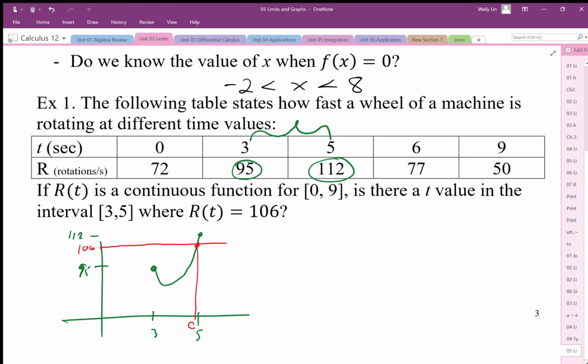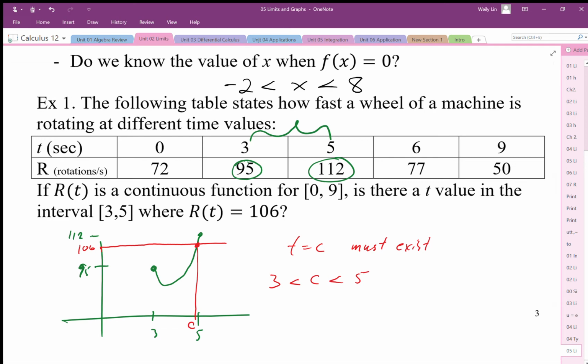So c must exist. That t equals c must exist, and it must exist in this interval. It's got to be after 3 seconds and before 5 seconds. Now, could it happen twice? Yeah, absolutely.